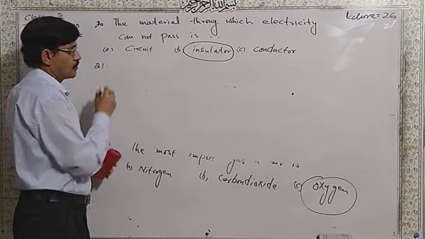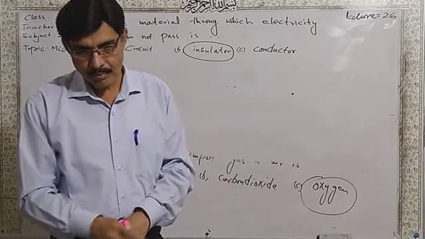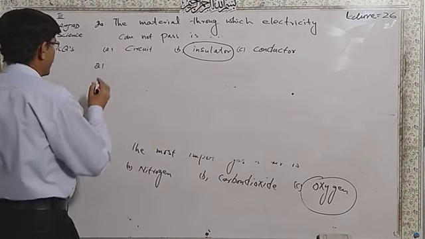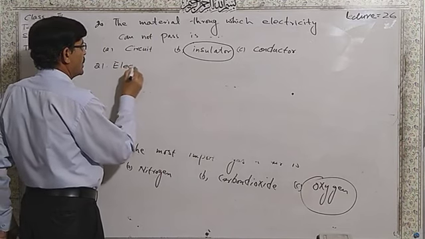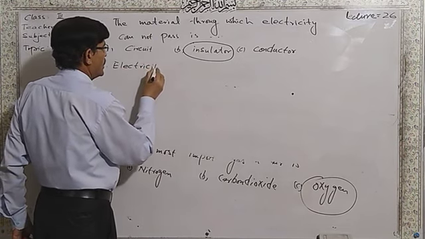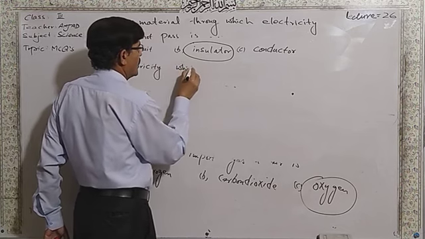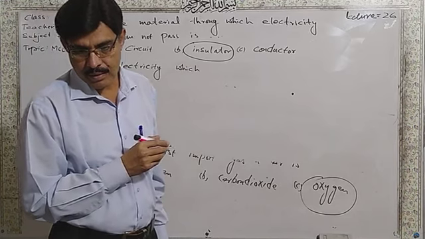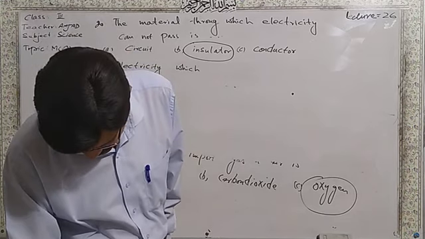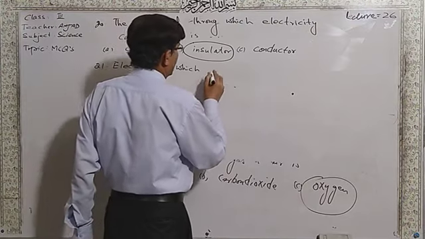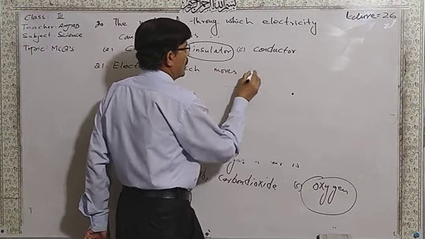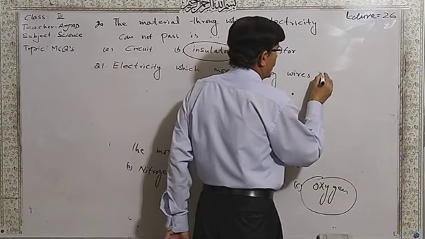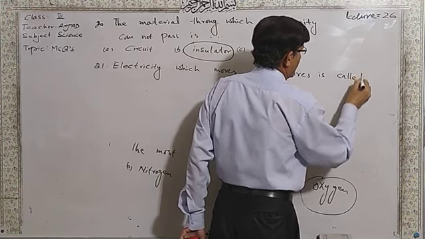21. Electricity which moves along wires is called what?